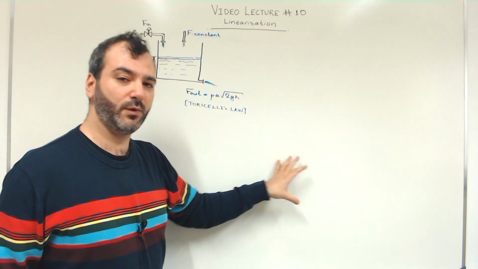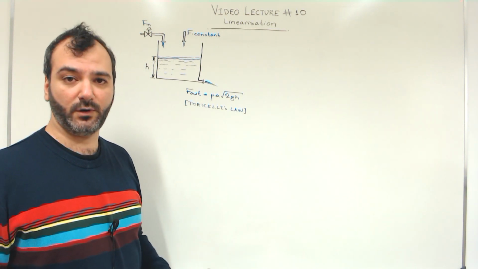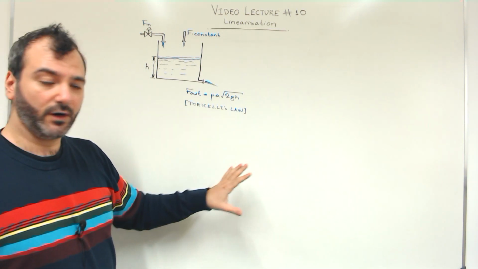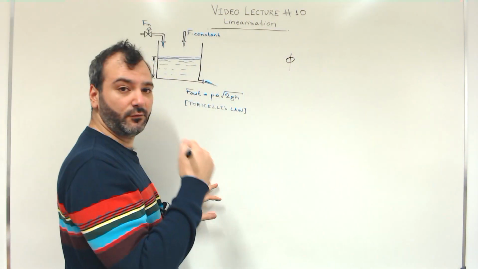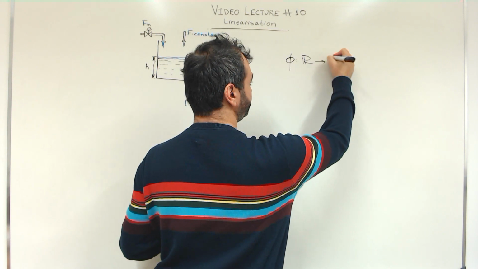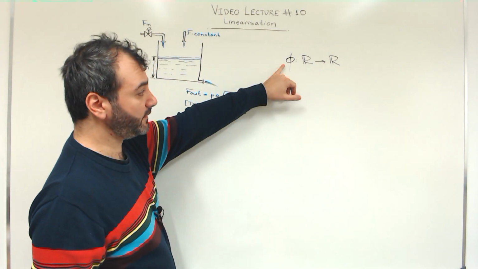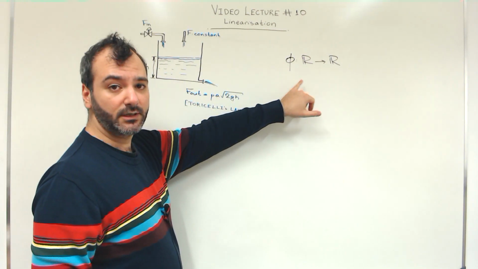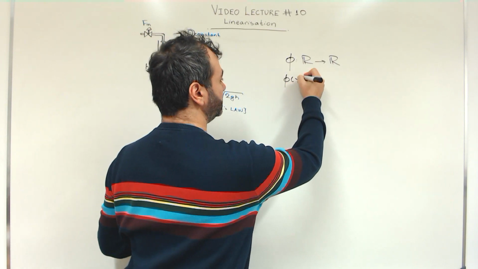And afterwards, we will discuss what happens when we have to linearize functions of more than one variable. So far, we have been focusing on functions, let's say phi of one variable. And by Taylor's approximation theorem, we know that if this function phi is differentiable at a point x0, then we can use the following approximation.